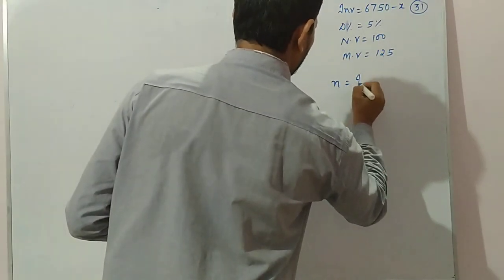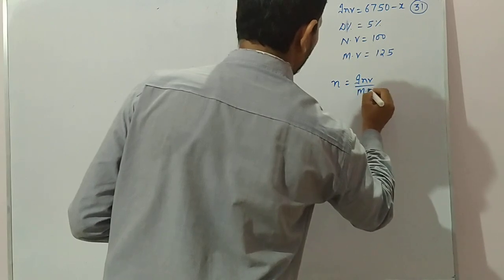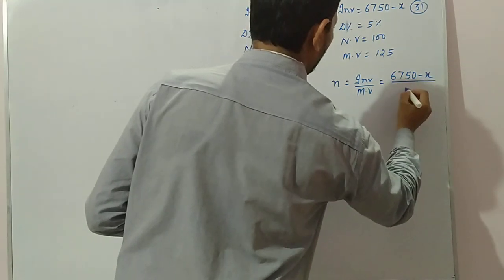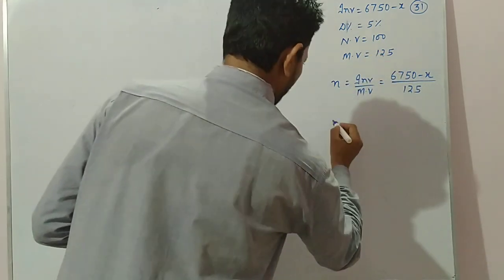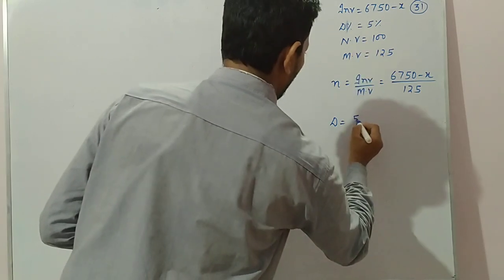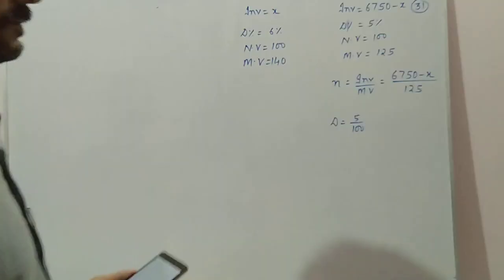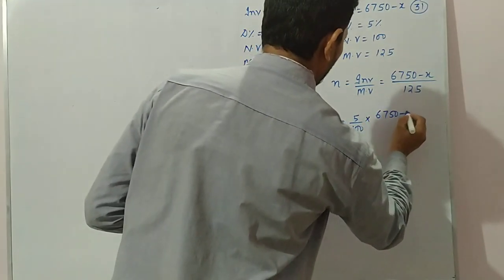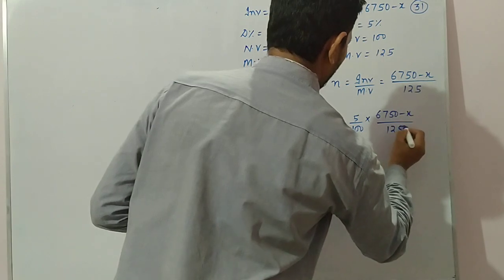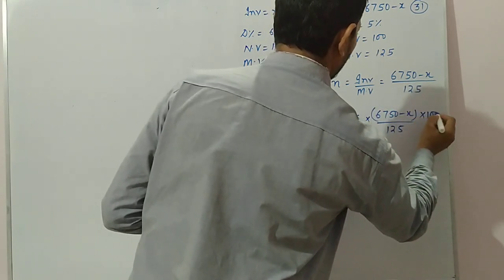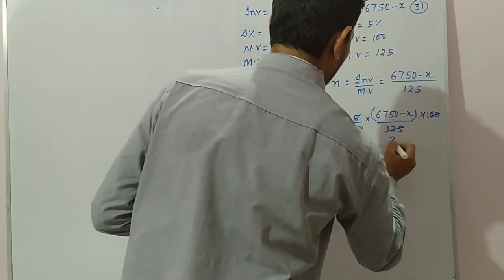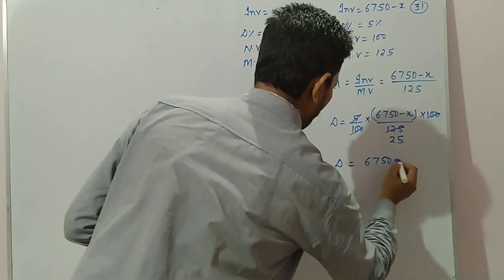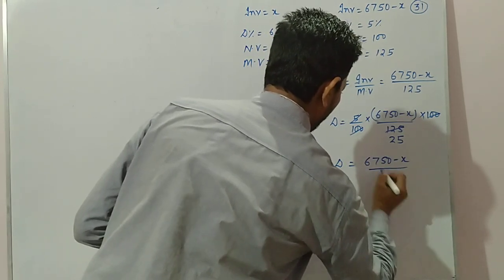Number of shares, that is investment by market value. Investment, that is 6750 minus X by market value is 125. Dividend, that is dividend percent 5% by 100 into number of shares 6750 minus X by 125 into nominal value, that is 100. This will cancel out. 5 5s are 25. So here dividend, that is 6750 minus X by 25.